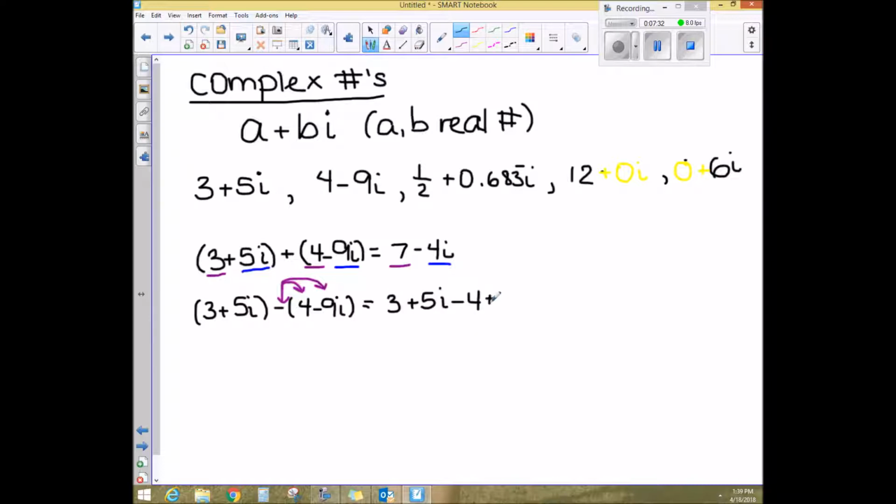So I have a minus 4 and a plus 9i, which then when I put them together, 3 minus 4 is negative 1, 5i plus 9i is 14i. Okay. So the sum is here, the difference is here. And just like if it were an x or a y, the minus sign in front of the grouping symbols, I have to distribute to the whole thing before I combine like terms.